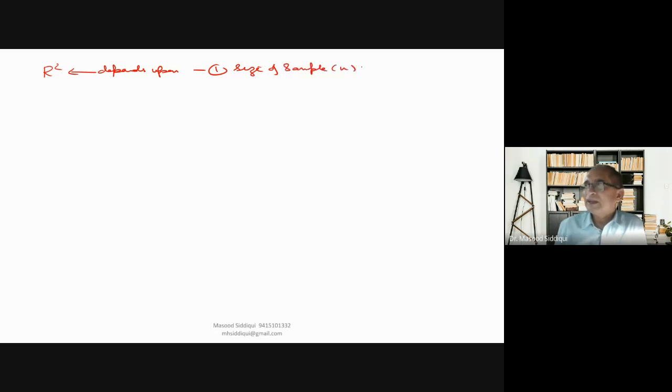If n is low, if we have a small sample size, then R square would be inflated, R square would be high. Number two, it also depends upon number of predictors or number of independent variables, that is k. And here the concept is, if k is large, then R square gets inflated.